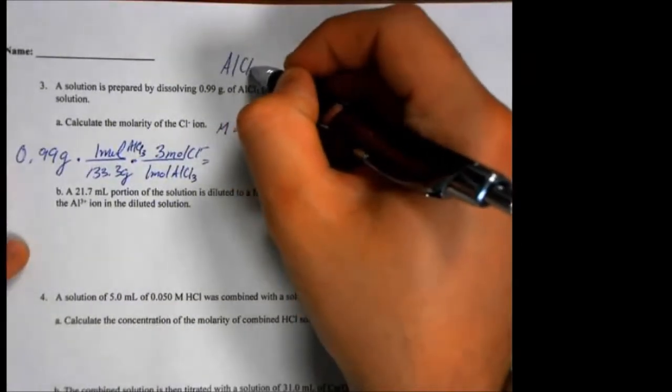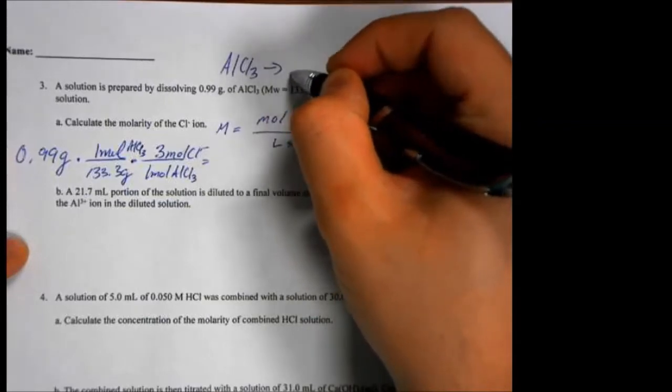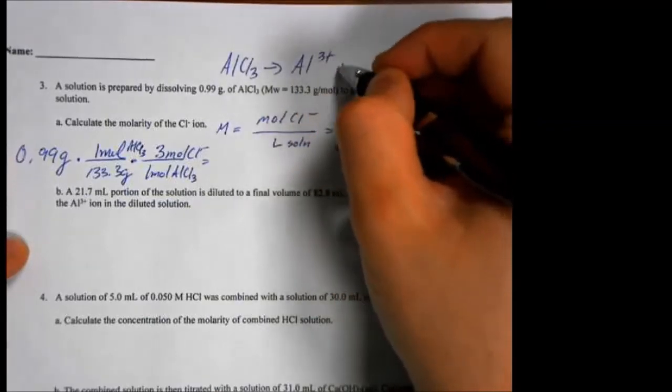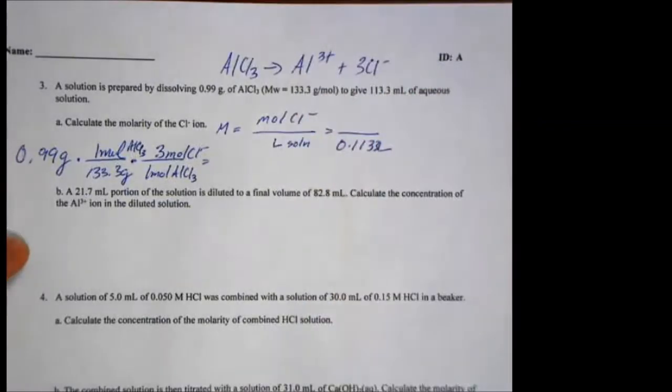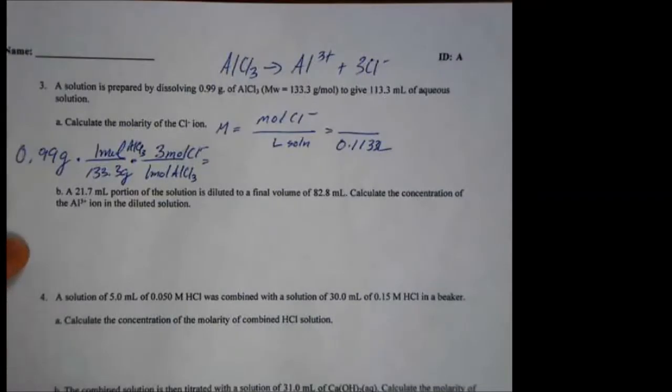Now the way that I deduce this is because AlCl3 is soluble, and this will go to Al3+ plus 3 Cl-. So you have to keep that in mind when you're doing this, and then that way you can get the correct number of moles of the Cl- ion.